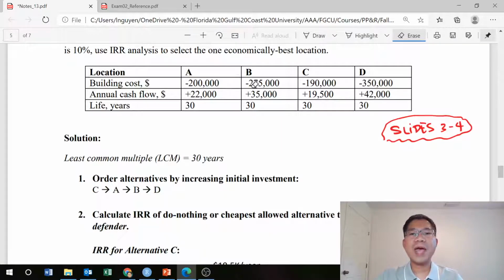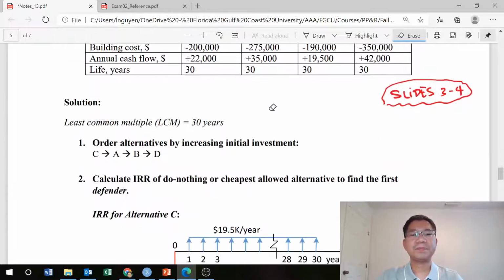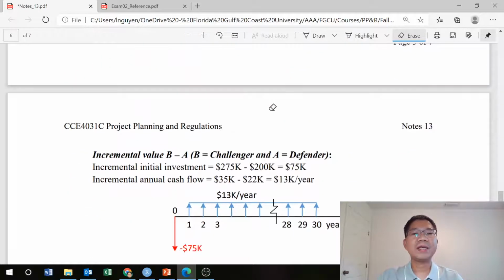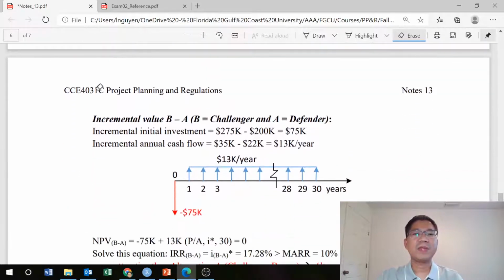Should I put an extra 75,000 to get an extra benefit, which is 35,000 minus 22,000, so it means that I get 13,000 more annual cash flow? I put 75,000 initial cost. Make sense? For 30 years. Should I do that? Is that justifiable? That is the purpose of step 3.